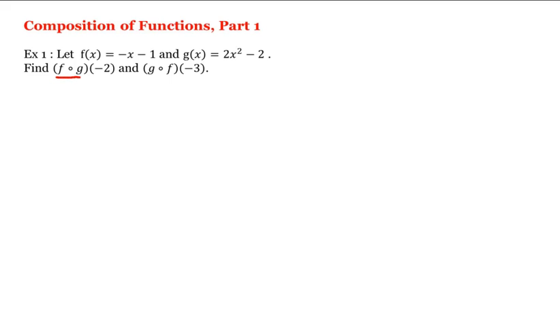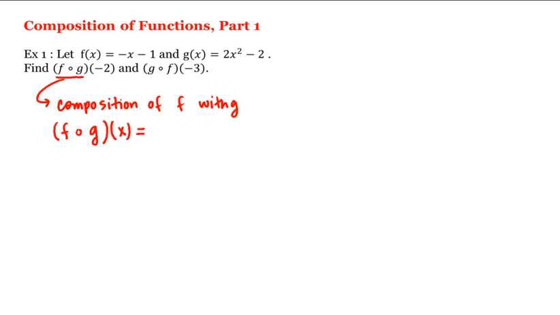This function here is called the composition of f with g, and is defined as follows. F composed with g of x is equal to f evaluated at g of x.